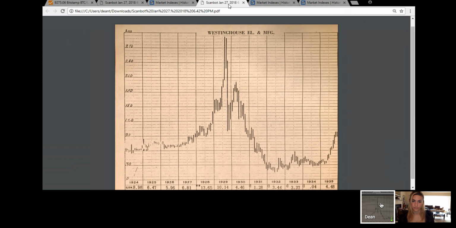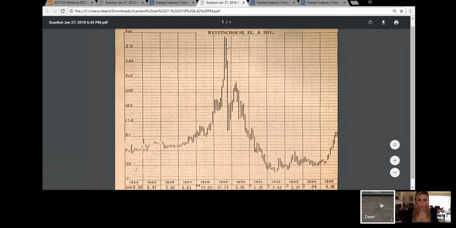With Westinghouse, we're looking at prices going from an area of around 30 up to 300, or a 10x hyperwave. 3 years of downside before going flat again.